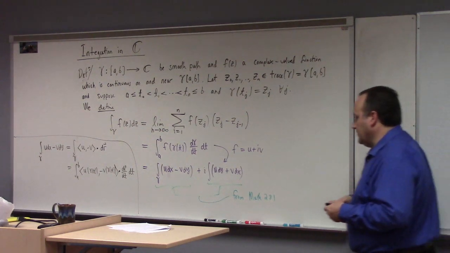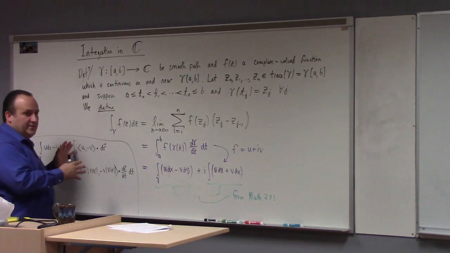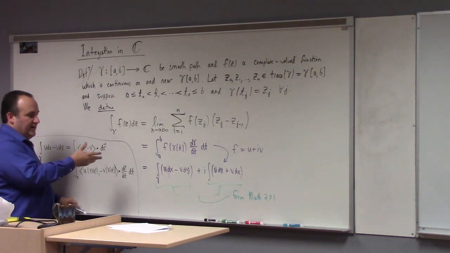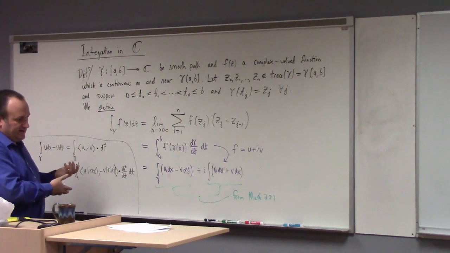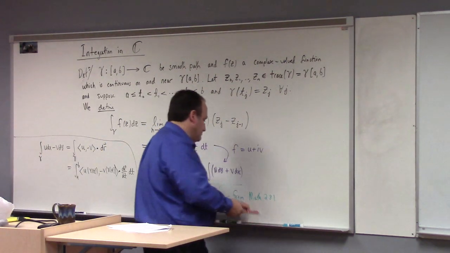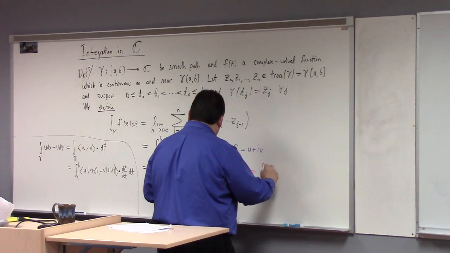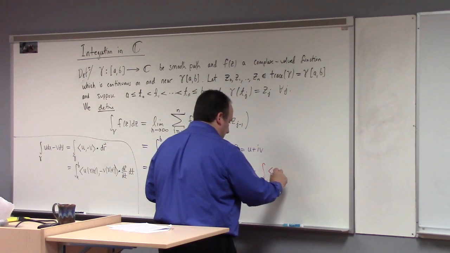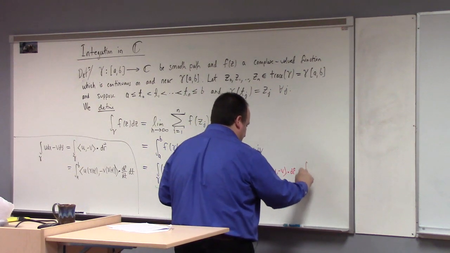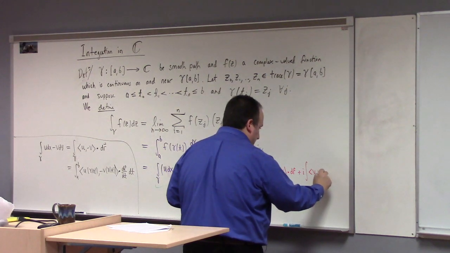You can think of the complex integral as a complex linear combination of the work done by u comma minus v plus i times the work done by v comma u. So it's the integral over gamma of u comma minus v dot dr plus i times the integral of v comma u dot dr.